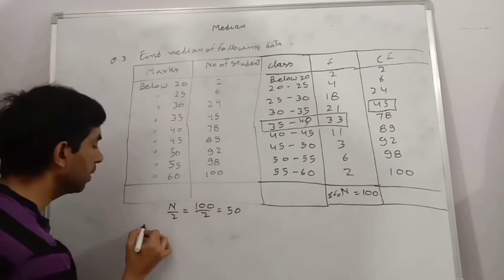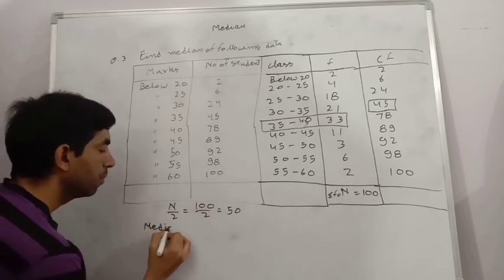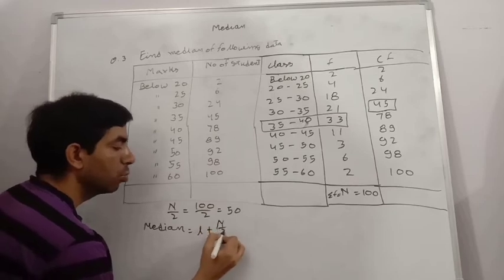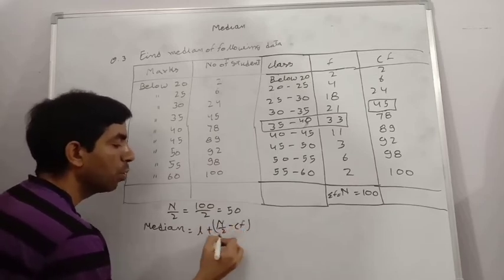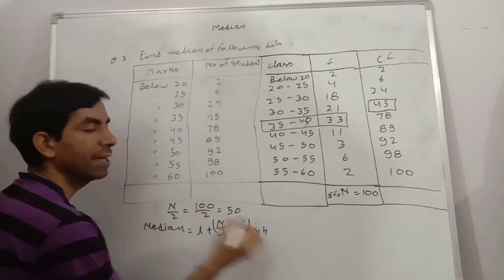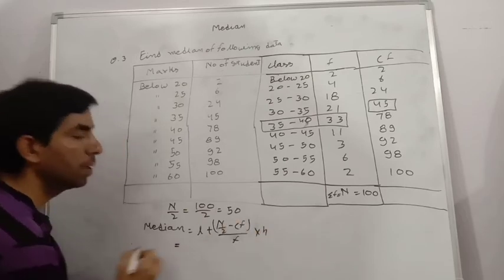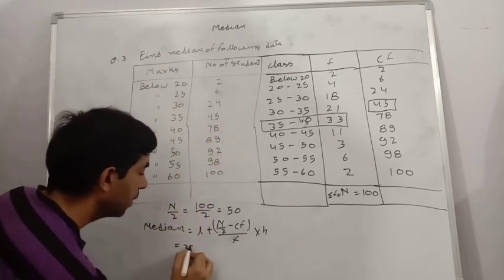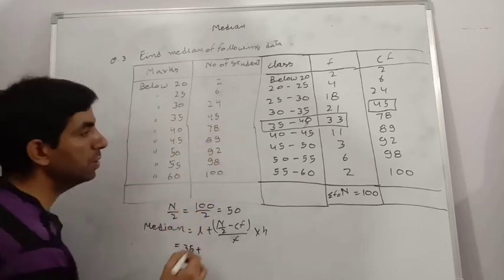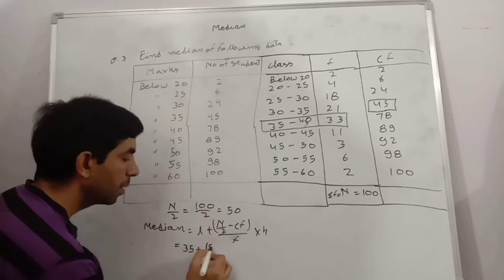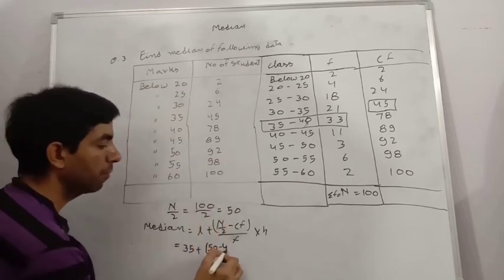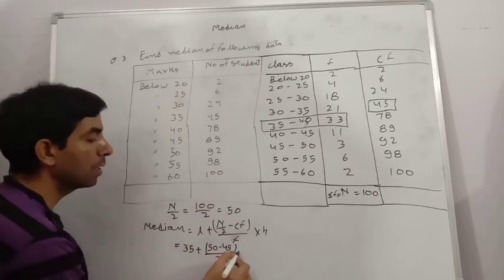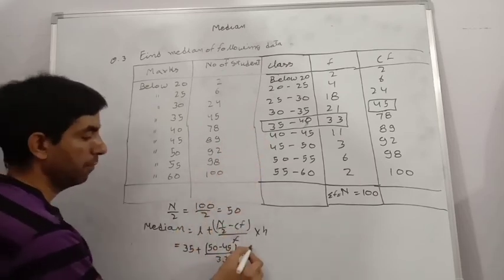Now we can calculate the median by the formula. Median formula is L plus n upon 2 minus CF upon F multiplied by H. Now put the values. L, the lower limit of the median class, is 35, plus n upon 2 is 50, minus 45, upon F 33, multiplied by H, which is 5.